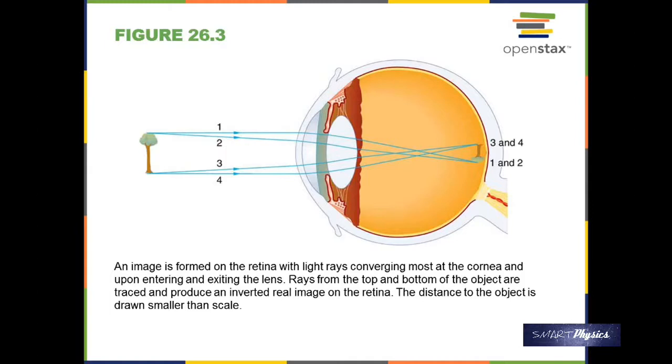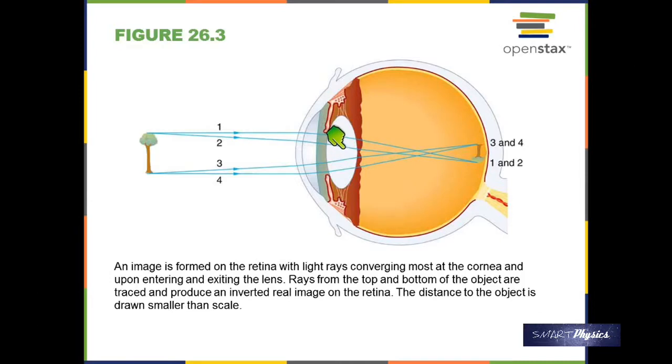And remember that this distance between the lens and the retina for a normal adult is 2 centimeters. Good point to remember. Now, what would that distance be? Would that be the focal length?